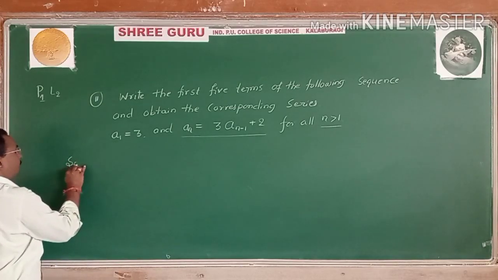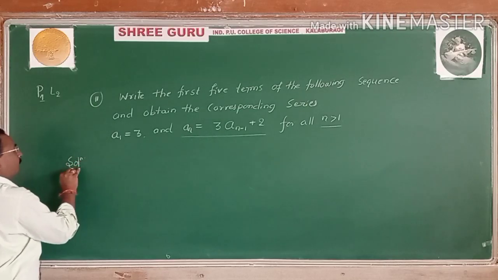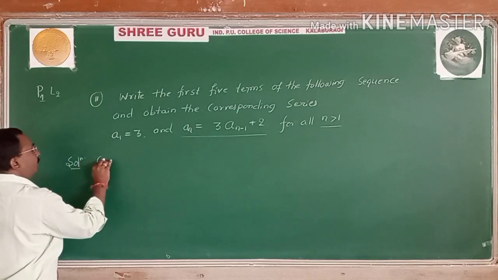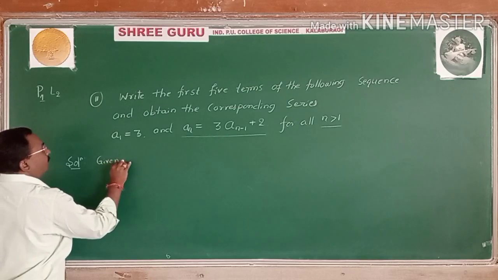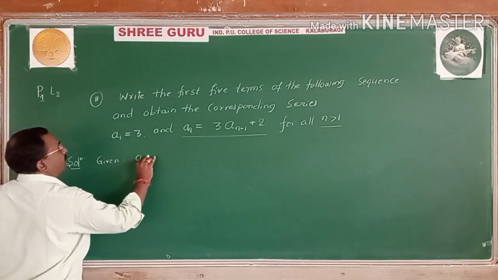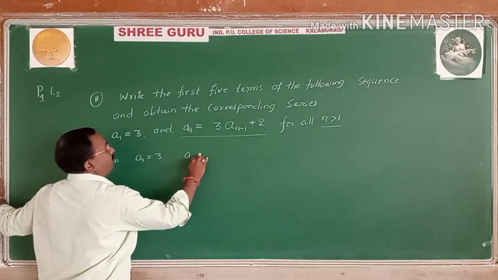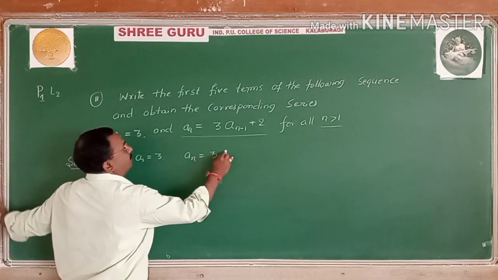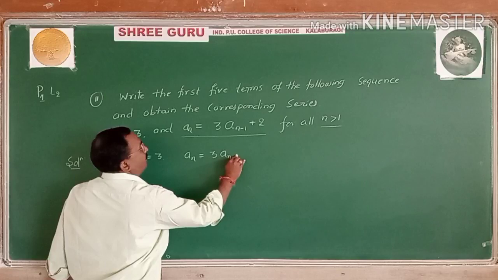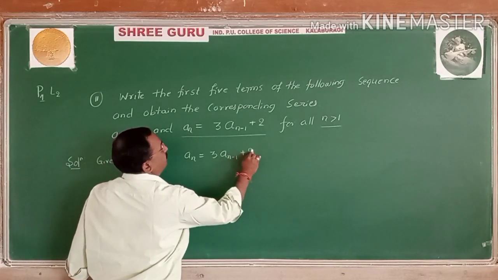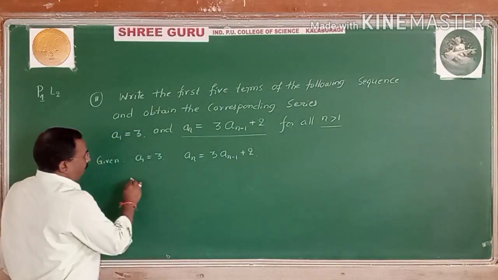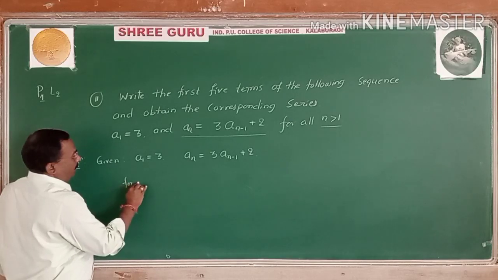Solution. A1 is given, and the nth term is also given: an is equal to 3 times an minus 1 plus 2 for n greater than 1.